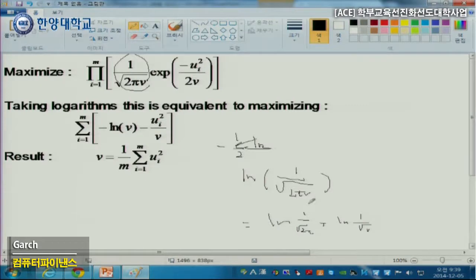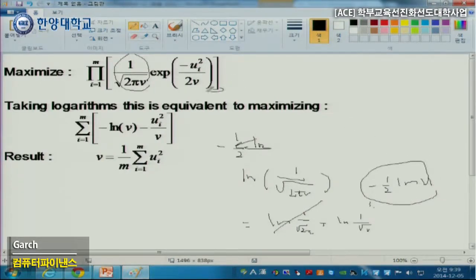In constant, when we maximize with respect to v, okay, we want to change v, then maximize the whole thing, okay? This is constant, so we don't have to take it into account. This is not a function of v, so we can ignore this one, right? Because it's simply constant. But this one includes v, and this one is minus 1/2 log v, right?